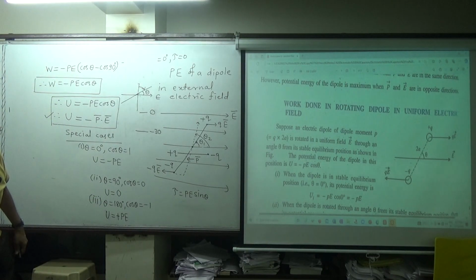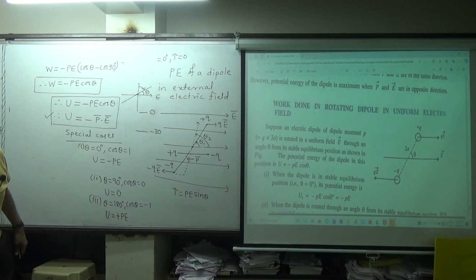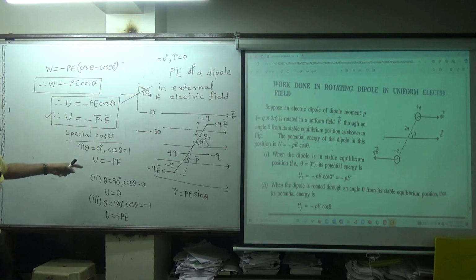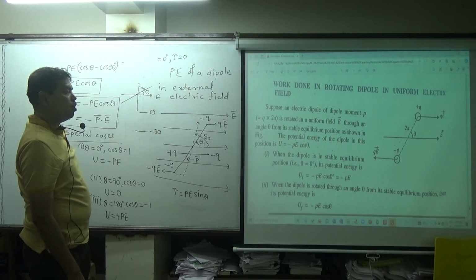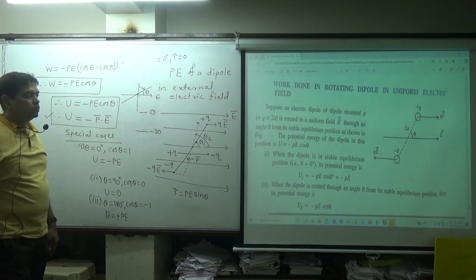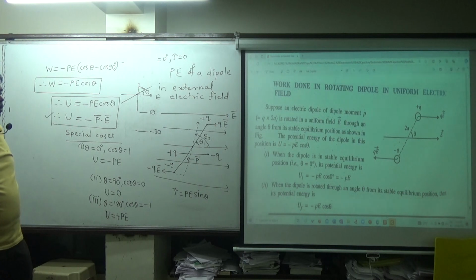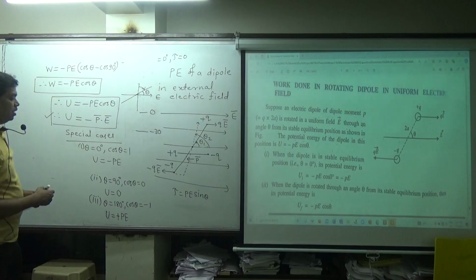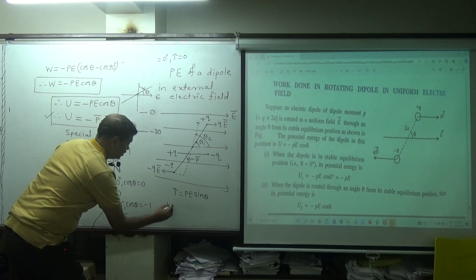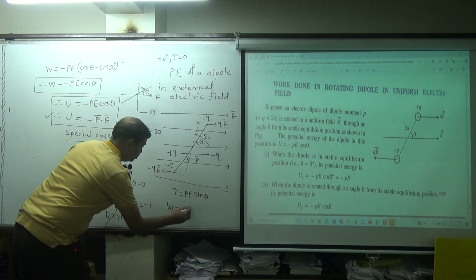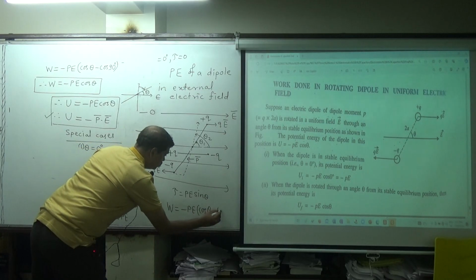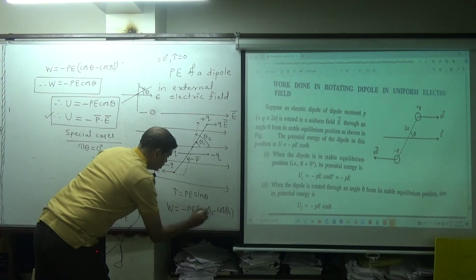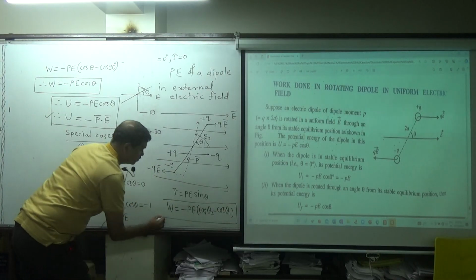Okay, and now the next you can write down. We saw the potential energy, and now work done in rotating the dipole in uniform electric field. Work done in rotating the dipole. We already derived the formula for work done, didn't we? W is equal to minus P into what? Cos of theta 2 minus cos of theta 1. This formula we have already done.